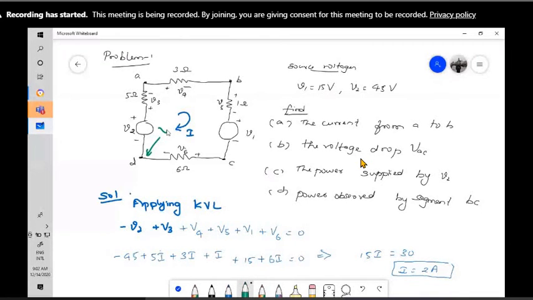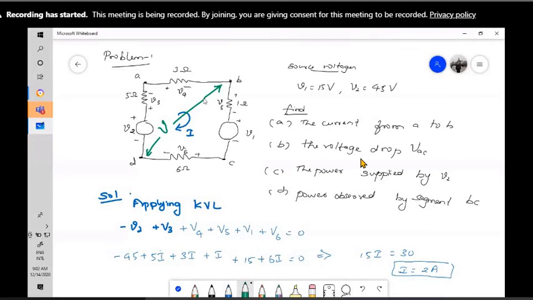Now if I want to find the voltage drop from B to D along this branch, it will be the same as the voltage drop along this branch, connected diagonally, right? Let's say I am using a device, a voltmeter, which is used to measure voltage.